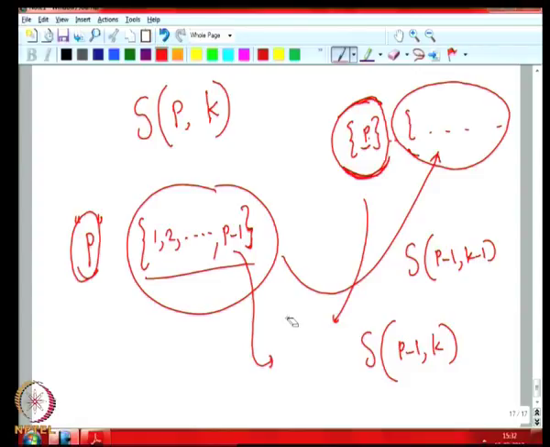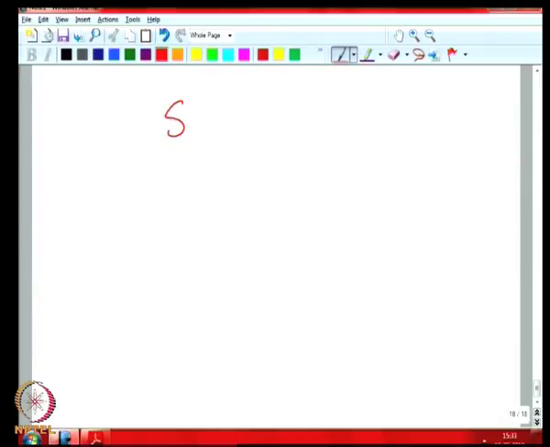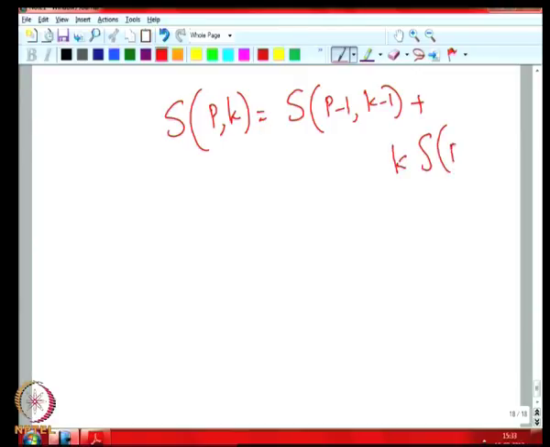P can go into any of the non-empty boxes available, but there are k non-empty boxes. So, there are k possible ways to insert P, right. So, the total number of partitions is this plus this. So, we get S of P k equal to S of P minus 1 comma k minus 1 plus k times S of P minus 1 comma k, right.